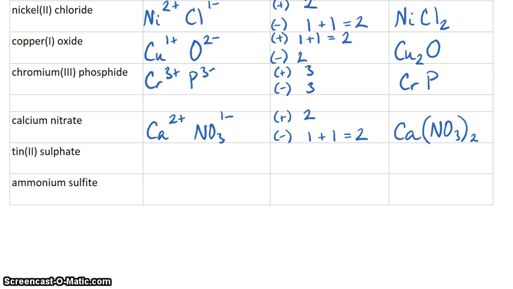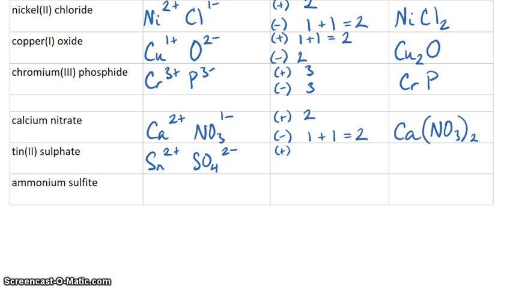Looking at tin 2 sulfate, the symbol for tin is Sn, and the Roman numerals indicate that we're dealing with a charge of 2 plus. Sulfate is a polyatomic ion, and the symbol there is SO4, and it has a charge of 2 minus.